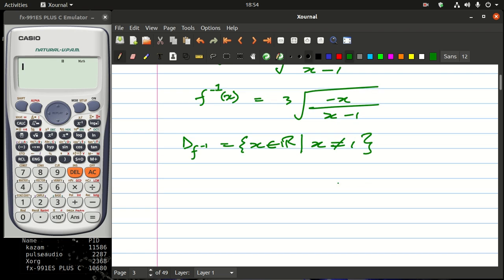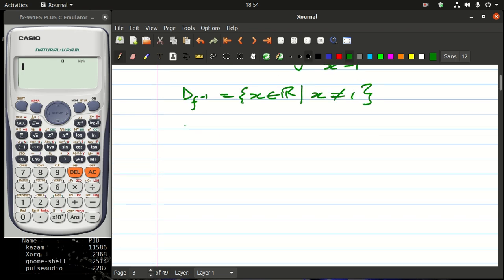So that will be a different case. So here, because the domain of the inverse must be the same as the range of the original function f, then the range is going to be y is an element of real numbers such that y is not equal to 1.